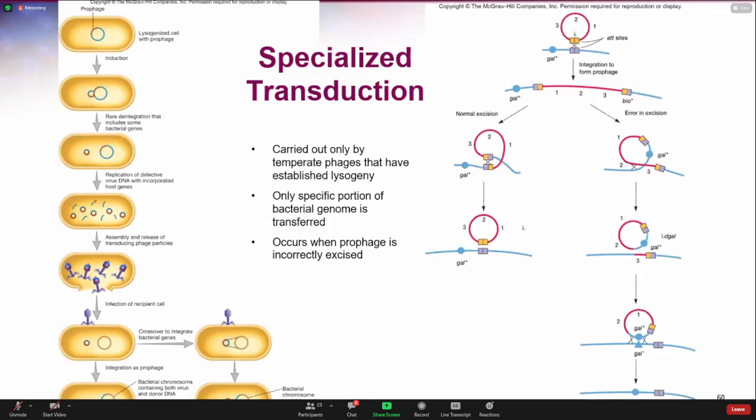Okay, so you can have this specialized transduction that often results in passing on specific genes. Just like with the F factor, you often had the passing on of, say, the proline gene or the lac gene. Here, when the lambda, which is a virus we'll talk about next week, and it's an E. coli virus, and it's a lysogenic virus, it comes with these sites called att that it uses to recombine with corresponding sites within the bacterial genome.